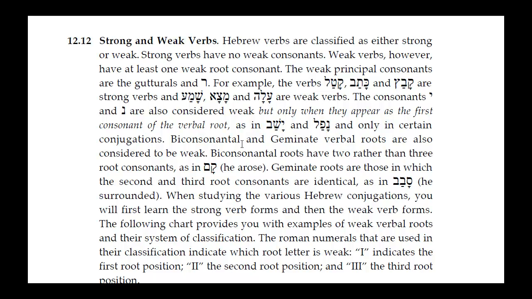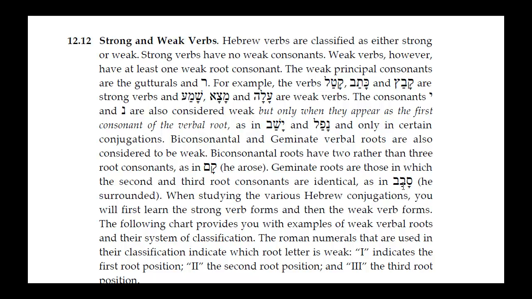The biconsonantal, which means there are two consonants, or the geminate verbal roots are also considered to be weak. Remember the geminate noun we had before, where the last two consonants of the root were the same. That's what a geminate verbal root is. Biconsonant roots have two rather than three root consonants, as in kam, he arose, and geminate roots are those in which the second and third root consonants are identical, as in he surrounded.